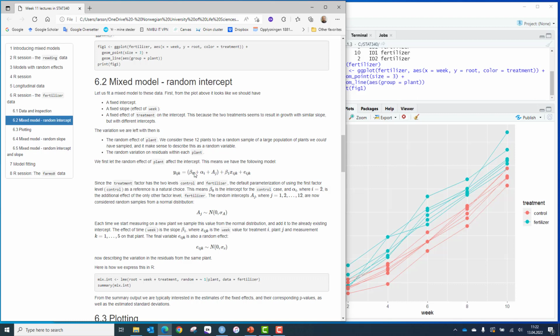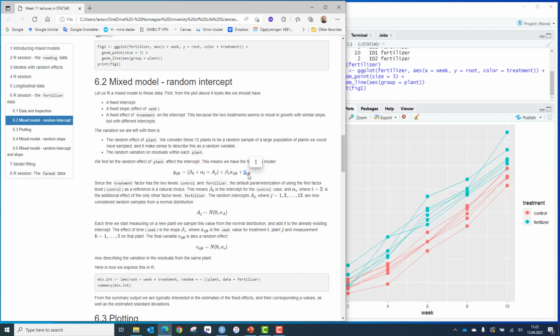So we have the grand mean intercept, then the modification due to treatment, then the modification due to plant. And this one is fixed, it's a Greek letter, right? This one is random, it's a Latin letter. Then you have the regression, the slope, right? And the effect, this is time then, or week, right?